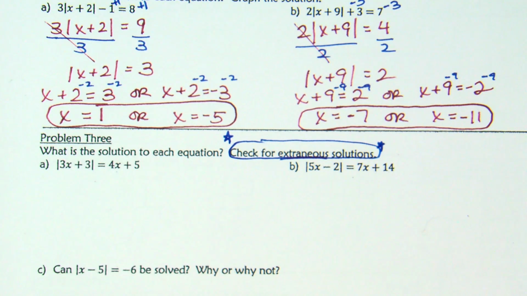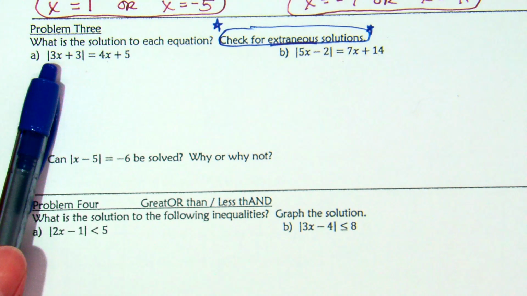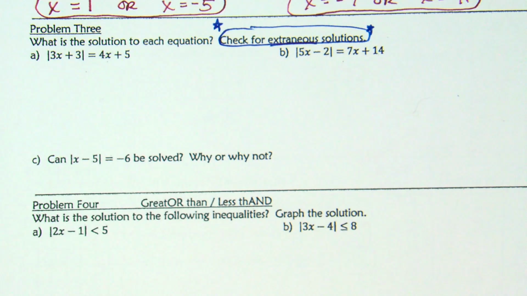So we're looking at problem 3A here. Is the absolute value by itself? The answer is yes. It's just the absolute value of 3x plus 3. Once the absolute value is by itself, our job is to set up not one, but two equations or inequalities.